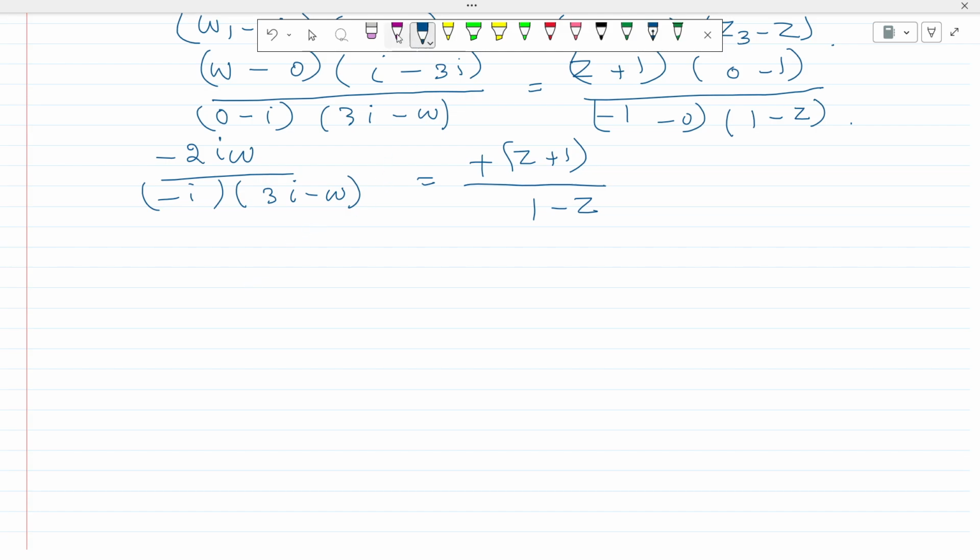Now we have to cross multiply, separating W and Z. Now write down minus 2iw into 1 minus z, so we can keep it plus here, z minus 1, equal to z plus 1, and then multiply this minus i by 3i minus w: minus 3i squared plus wi, and i squared is there, so it gives plus 3 plus wi.